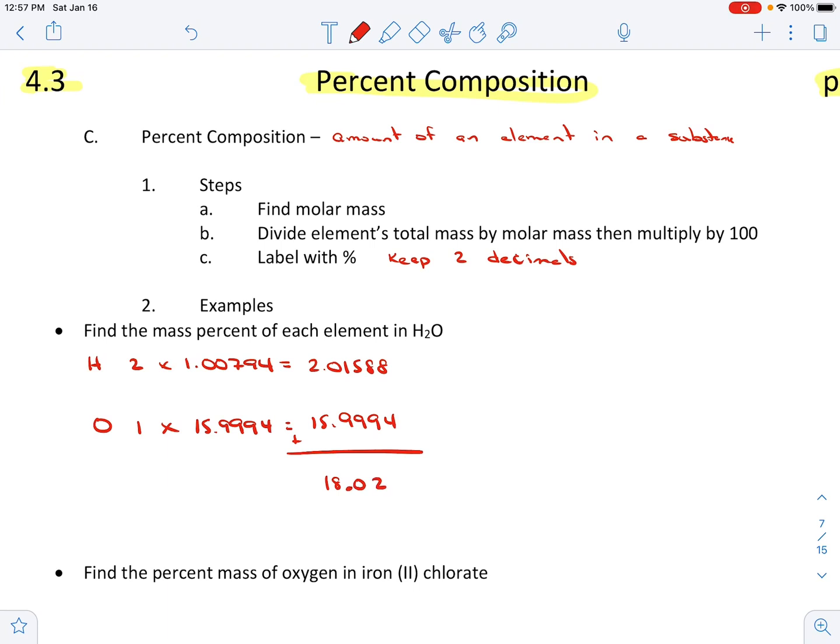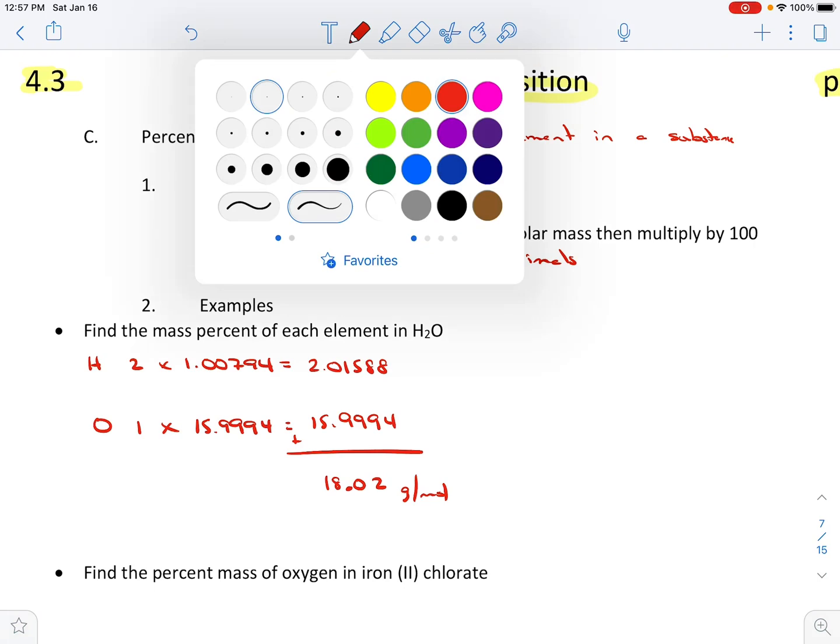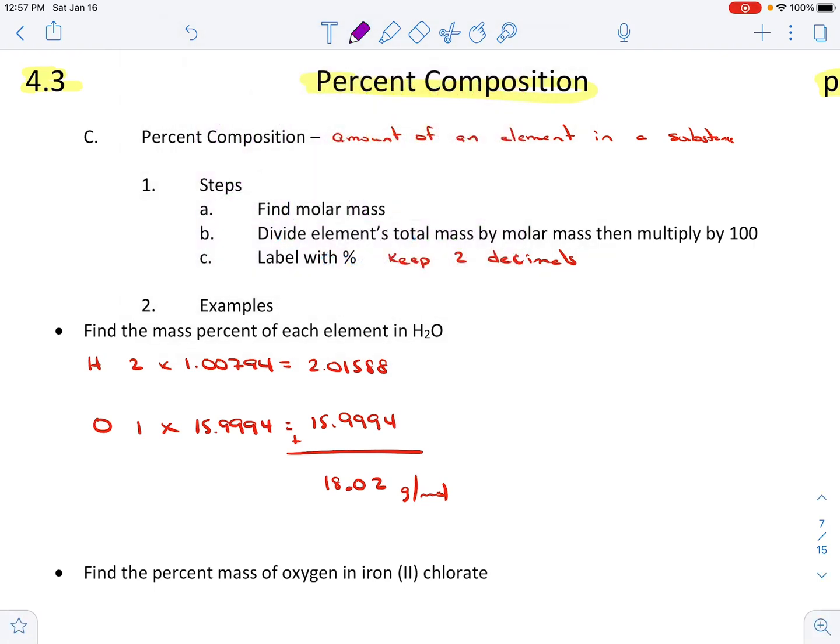We labeled this. This is what we found out how to do in our last video. Then we labeled it with grams per mole. Now, our next step says to divide the element's total mass by the molar mass and then multiply by 100. How cool is this that we have kind of our table already set up for us? So we're going to divide hydrogen by the total mass. So we're going to divide by 18.02 and then times by 100. So we're going to take 2.01588 divided by 18.02.